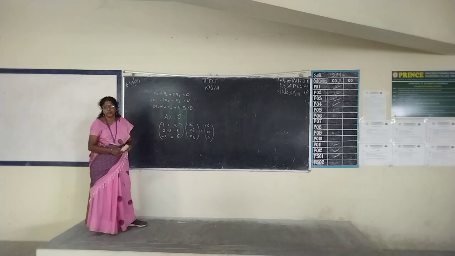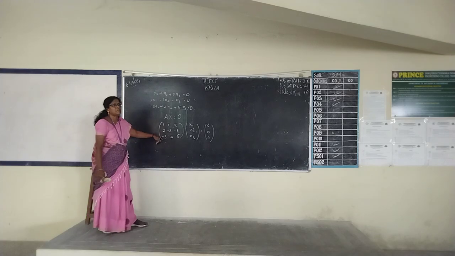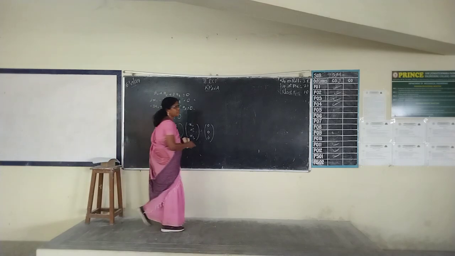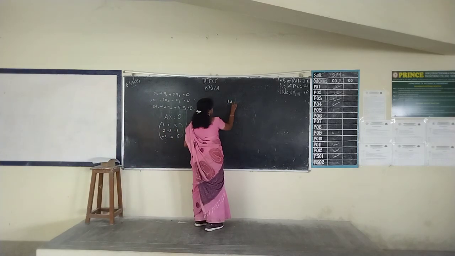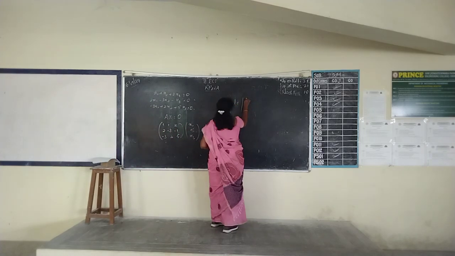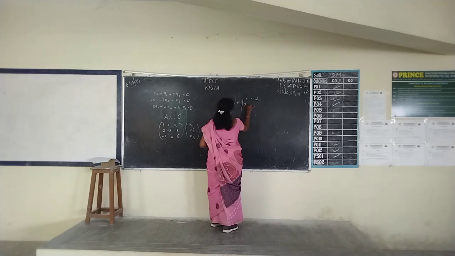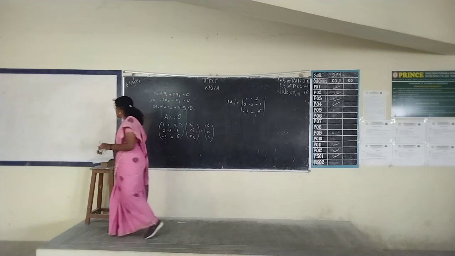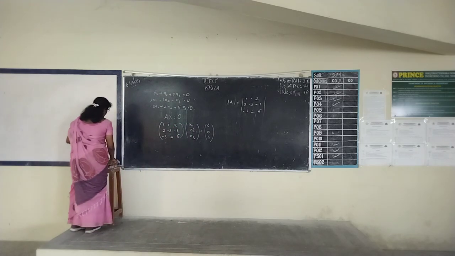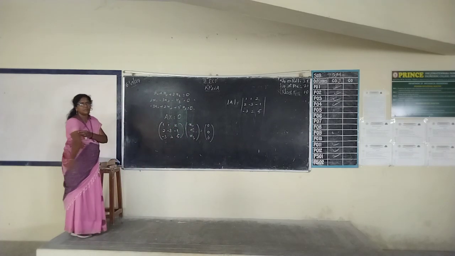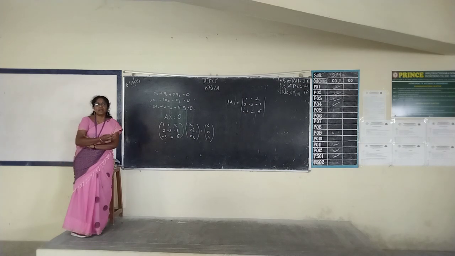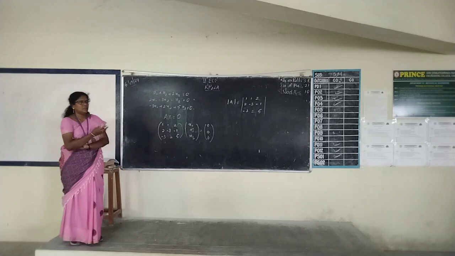Ax equal to 0. Now you find the determinant of A. Everyone knows the determinant, right? Find it and check whether it is 0 or non-zero.